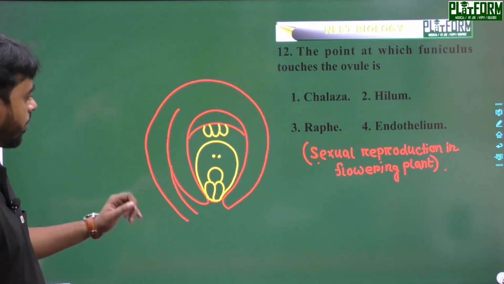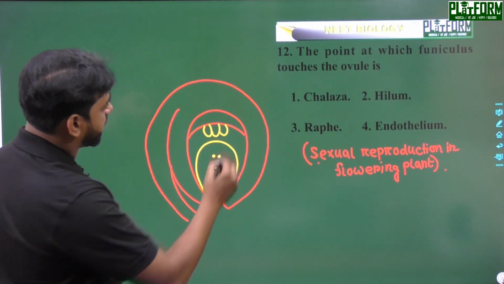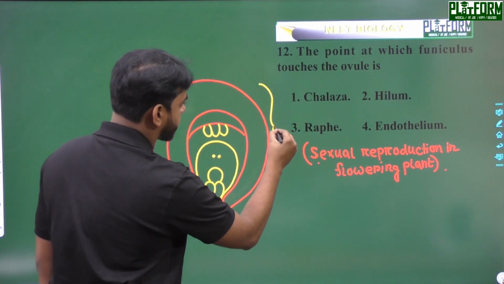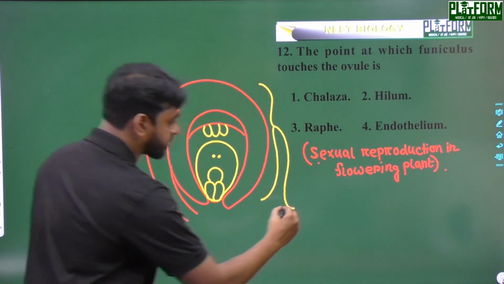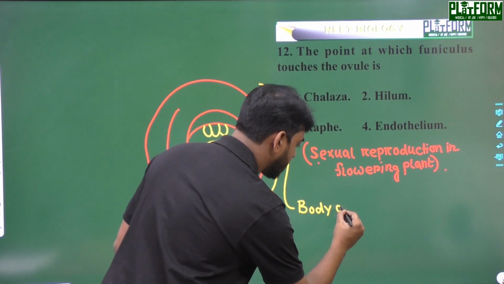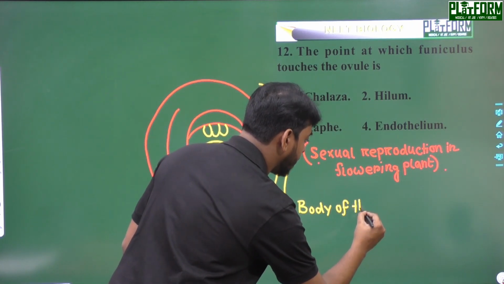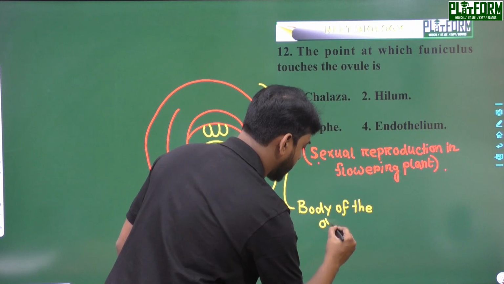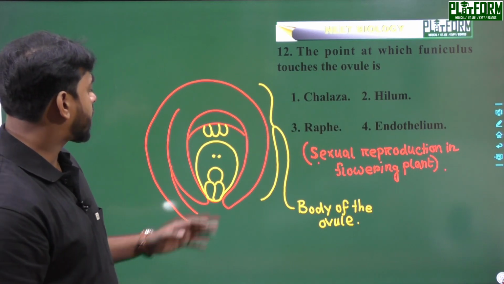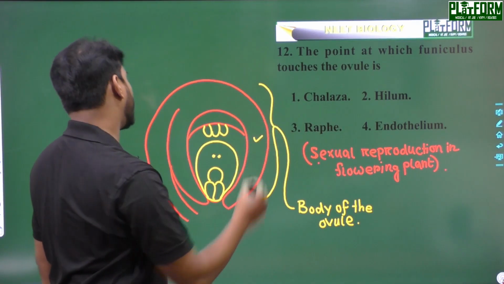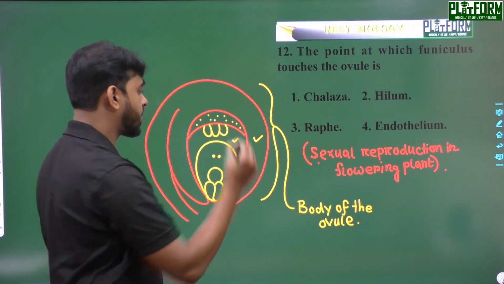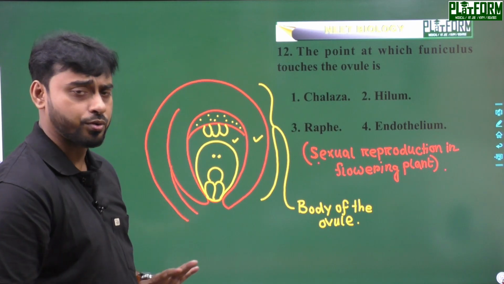Okay. Now, in this particular structure, this part is considered as the body of the ovule. The body of the ovule comprises this one, the integument, this is the embryo sac, and this is a nutritive tissue known as the nucellus, and so on.